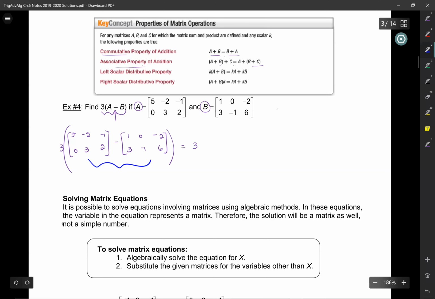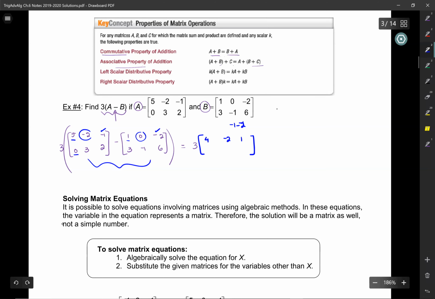So that's going to be 3 times. If I subtract these, and I can because they're the same dimensions, I'm going to get a 2 by 3. 5 minus 1 is 4. Going across, negative 2 minus 0. Negative 1 minus negative 2 is positive 1.